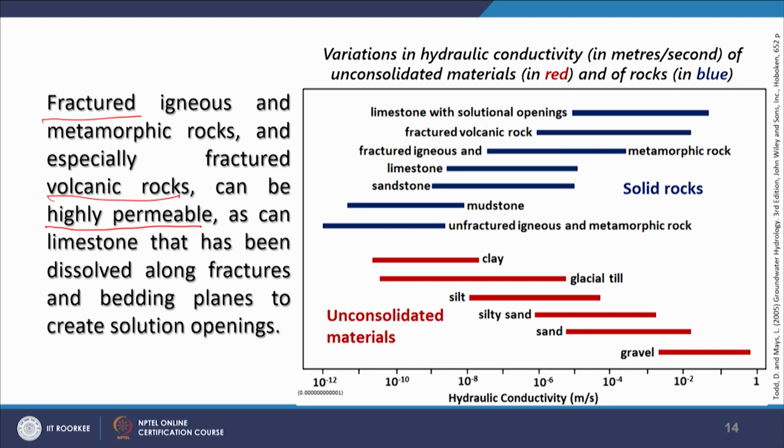Porosity was already high, permeability is also high, so these can give us good aquifers. Similarly, limestone can be dissolved along fractures and bedding planes to create solution openings. It is said in groundwater engineering that doing all kinds of investigations, pumping tests, recovery tests and everything in limestone terrain is always very, very challenging.